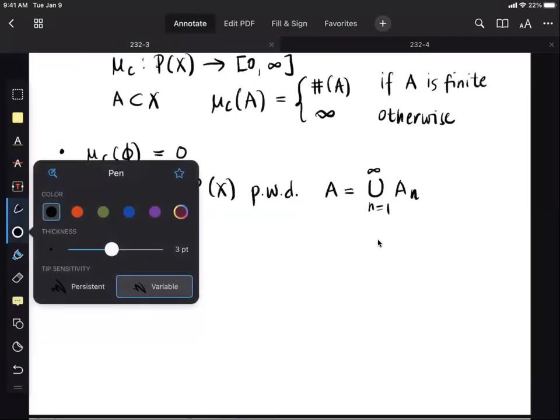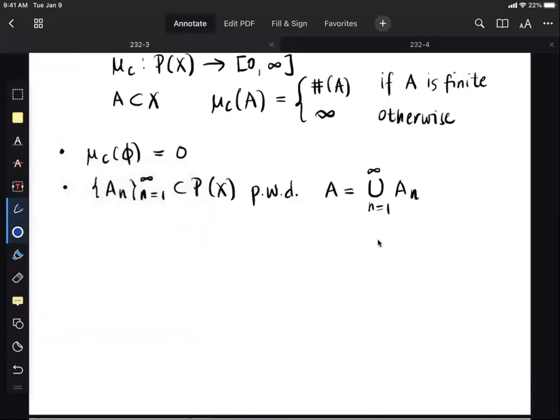Here we would like to establish that the counting measure of A, which is the countable union, is the sum of the counting measures of the sets A sub n.